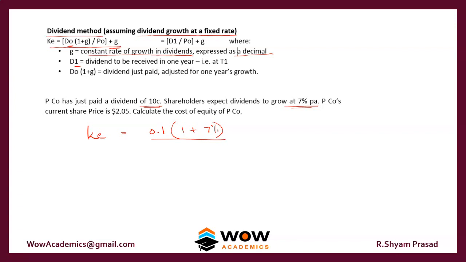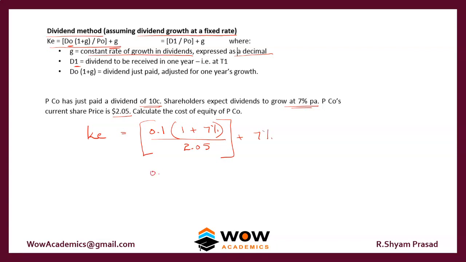Pico's current share price is 2.05, so 2.05 is the P0. The formula says D0 into 1 plus G divided by P0, so that's what we did. And finally, we have to add the G. So again, the G will be added as 7%.